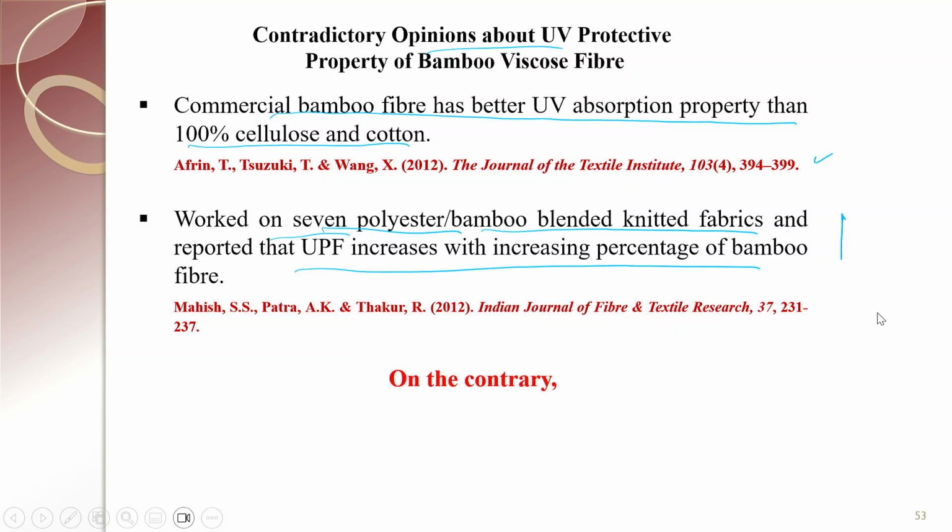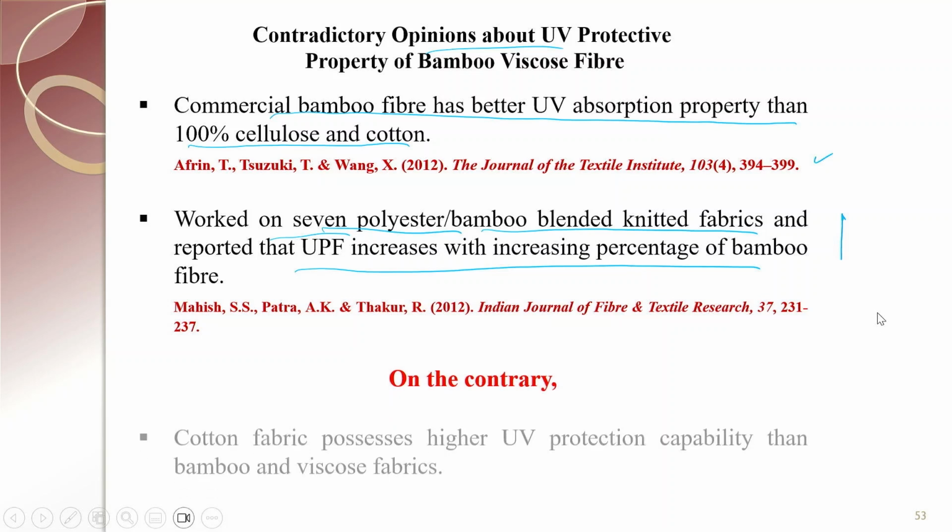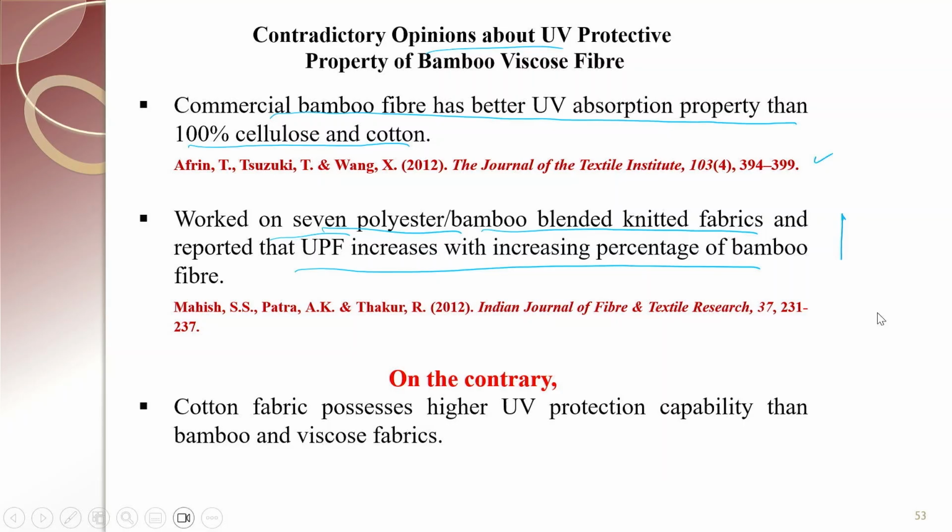On the contrary, there is a report that cotton fabric possesses higher UPF capacity, so UV protection capability, than bamboo and viscose fabric. So, there are contradictory reports.